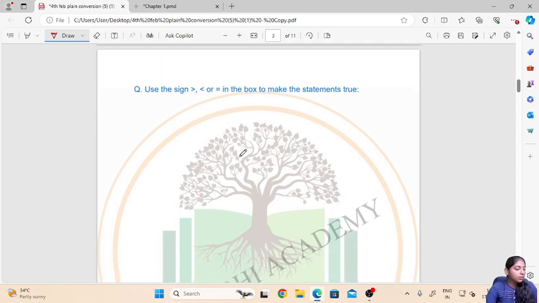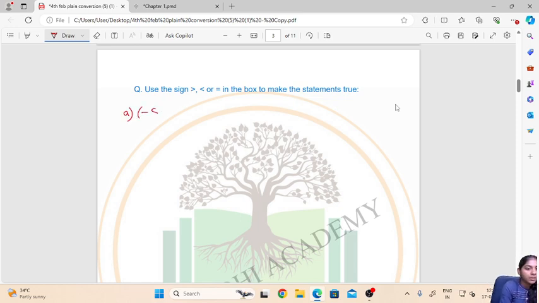Then we have to solve these. Use the sign greater than, less than or equal to in the box to make these statements true. So let us see the first one.